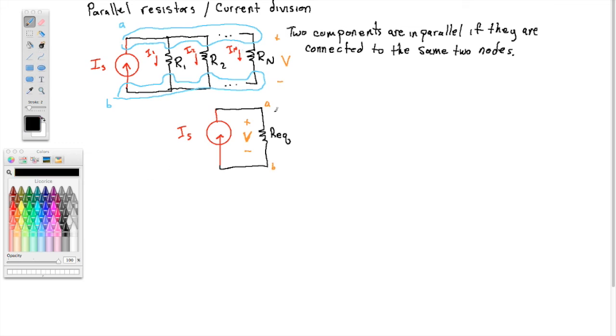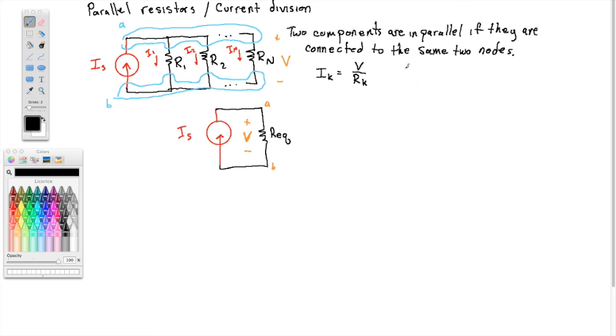In the top picture, the kth current, in the kth branch, from Ohm's law, involves that common voltage V, because V is the voltage across each resistor. It does not depend on K, because their voltages are the same. So from Ohm's law, the current IK is V divided by the resistance RK.